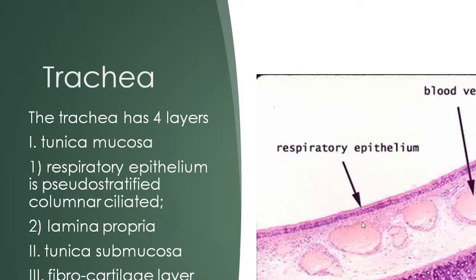Next, the lamina propria, which consists of loose connective tissue, lymphoid tissue inside it, and some glands, ducts. And muscularis mucosa.